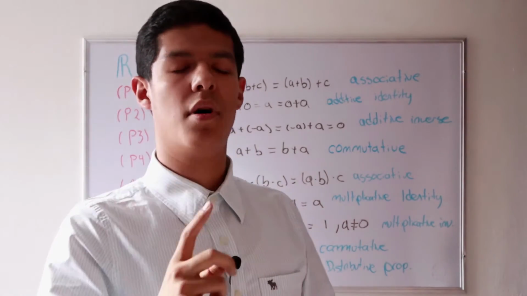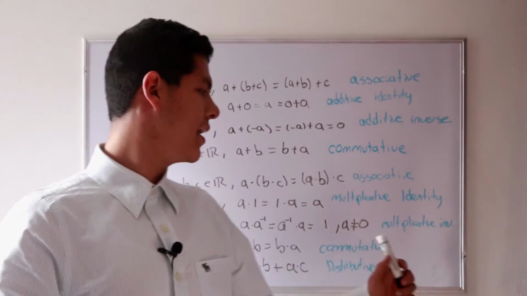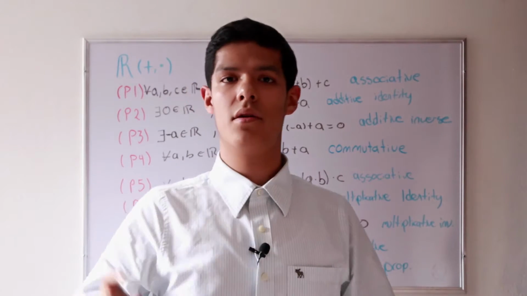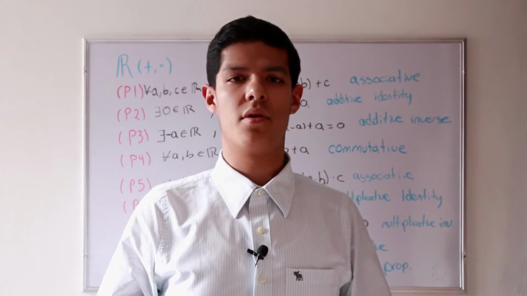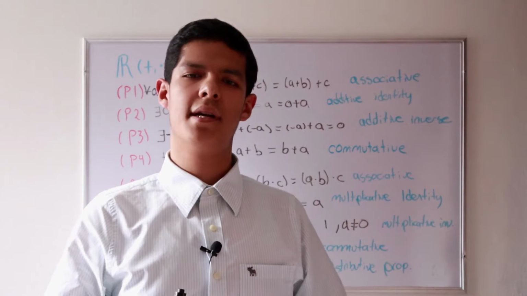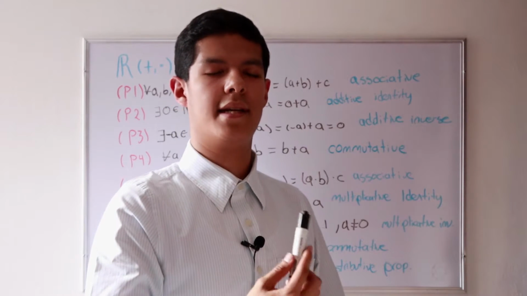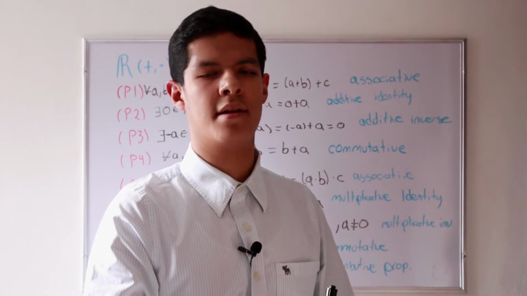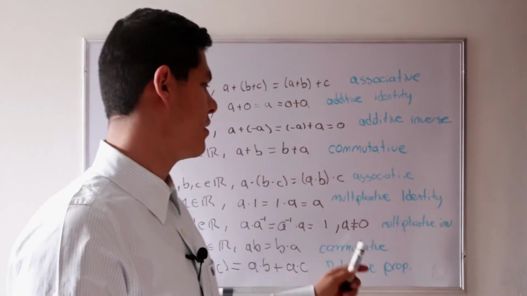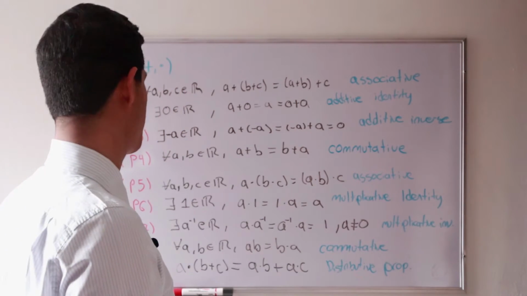This, guys, is important because a has to be different from 0, because we are in the real numbers, so multiplying by 0 never gives 1. That's why a has to be different from 0.